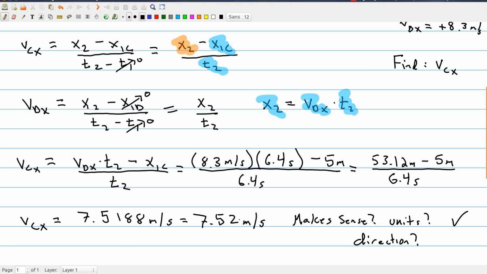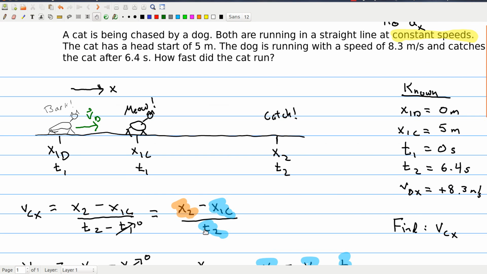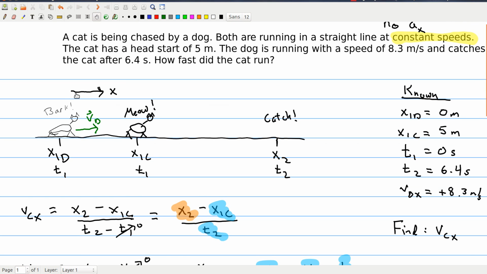The cat was running away from the dog. That would be in the positive x direction according to our picture. If we scroll up real quick here, if we look up here, we had the positive x direction going to the right. The cat should also be going to the right. We'll add our cat velocity on here as well.